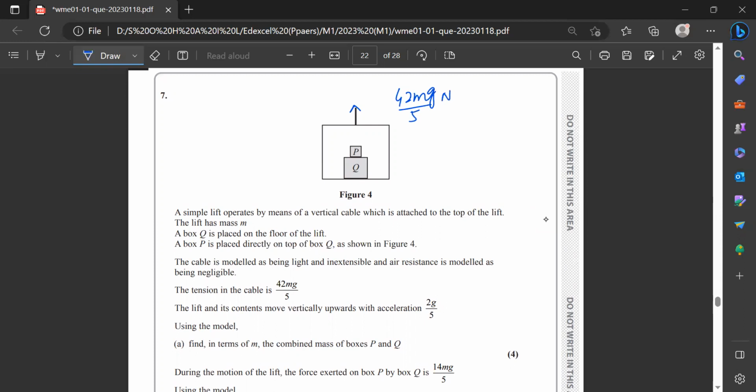The lift and its contents move vertically upwards, and the acceleration here is 2g over 5 meters per second squared.